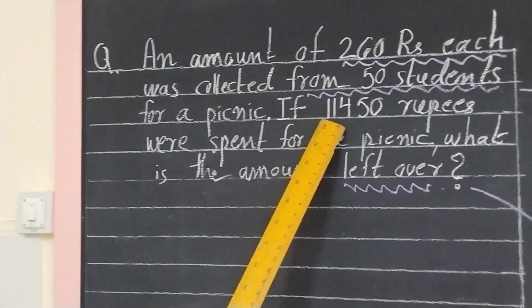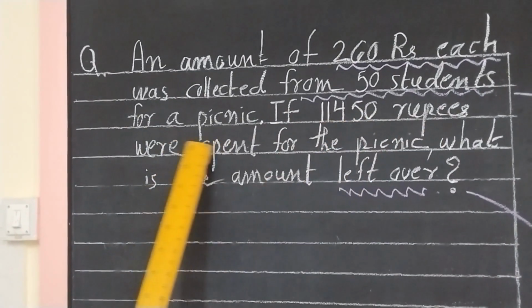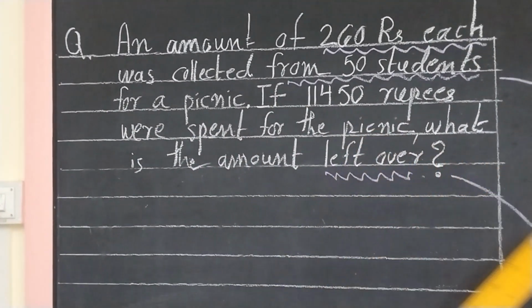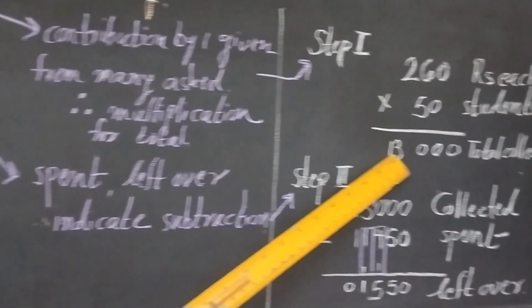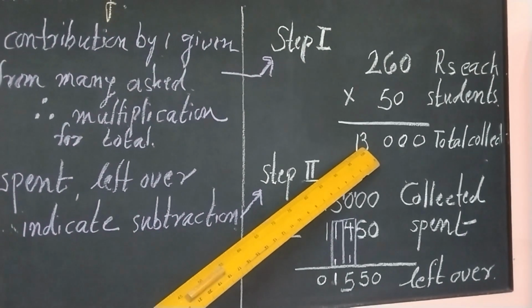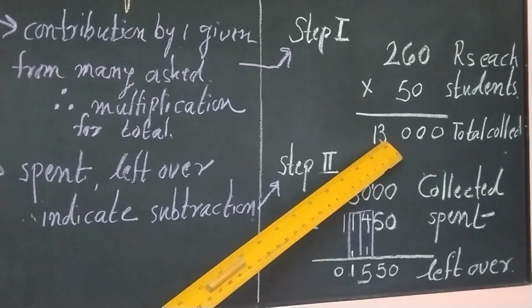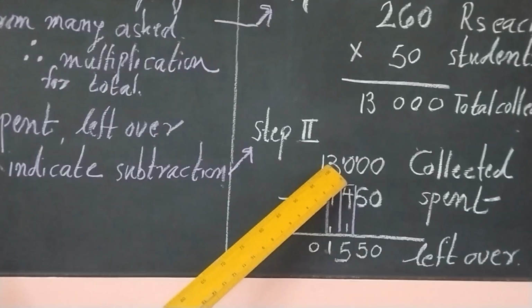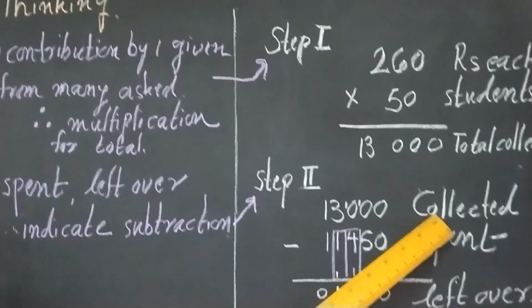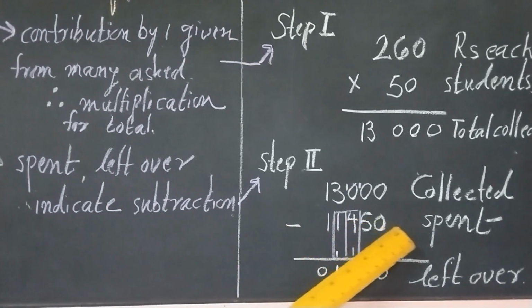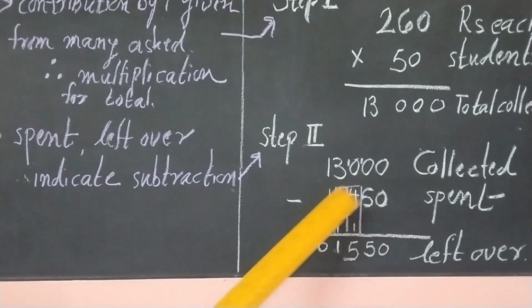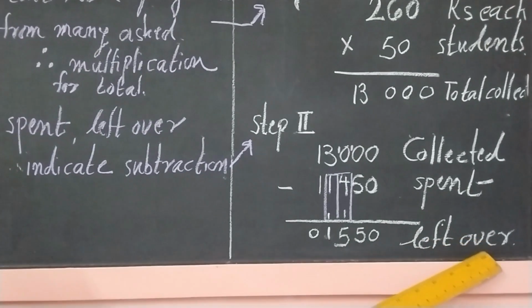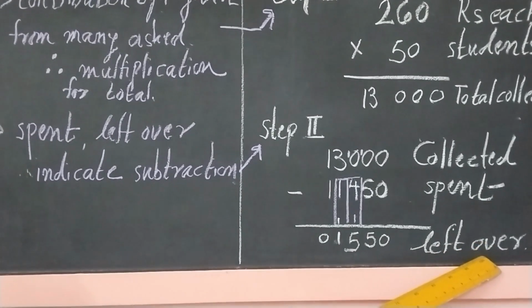If 11,450 rupees were spent for the picnic, total collected was this, but the whole amount was not spent, and the spent amount was only this much. So from the collected 13,000, we will have to subtract the spent money, which will give us the remaining amount with us, that is left over.